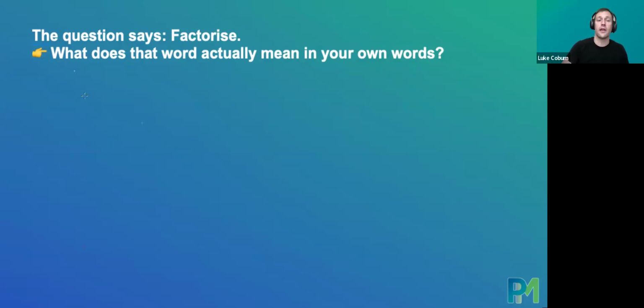So we could take the number 8 and say 8 is the same as 2 multiplied by 4, or we could write that as 2 by 4, like this. That's one way. But our number could be something different. Our number could be something like this.